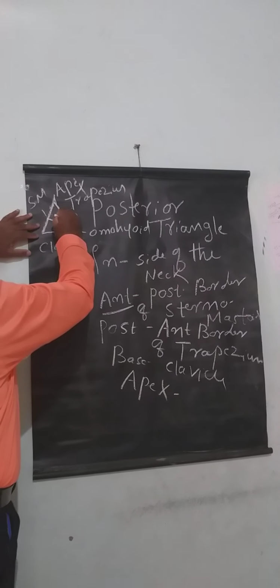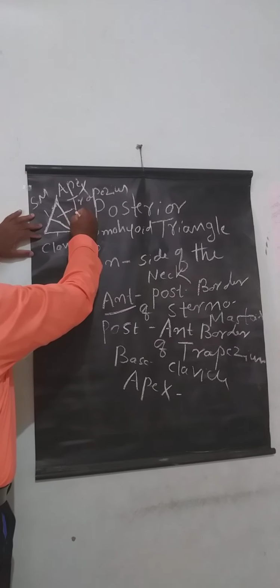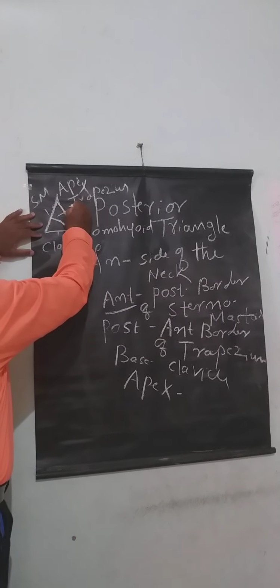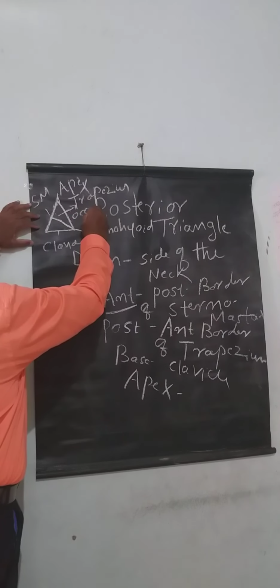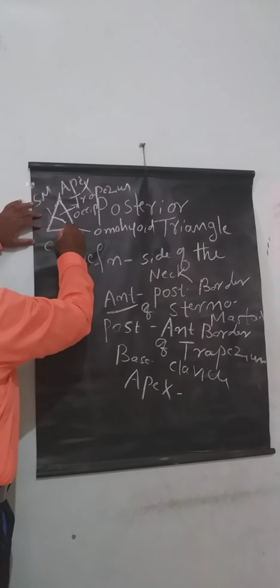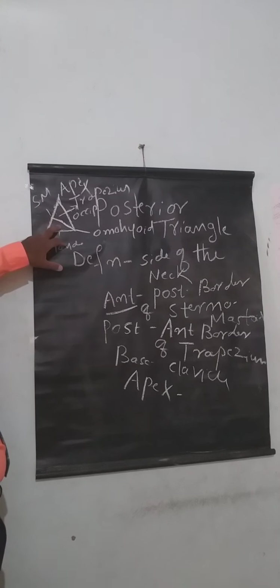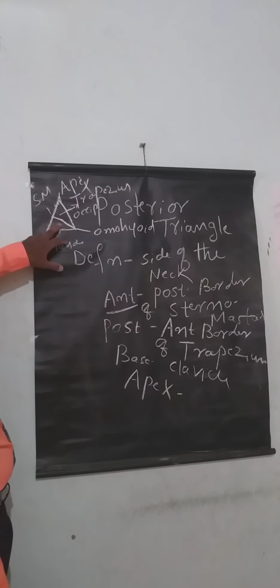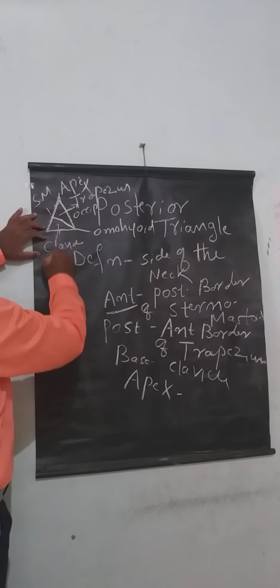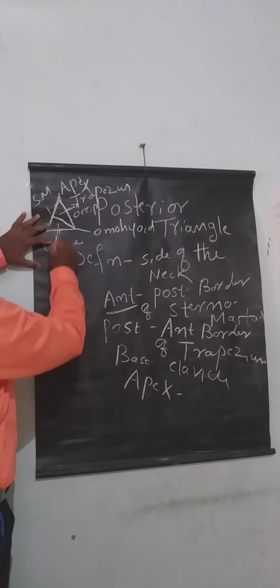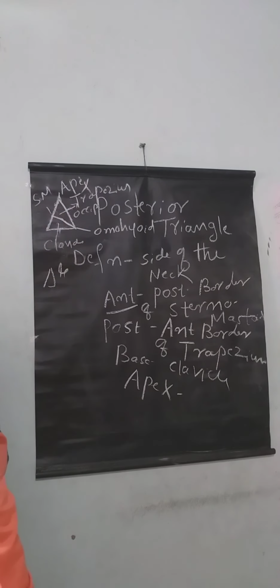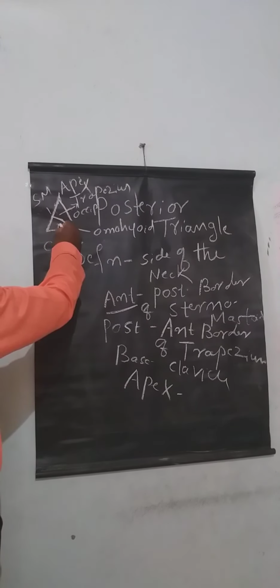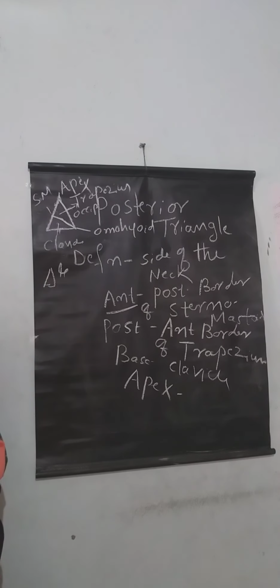The upper part is called the occipital triangle, and the lower part is called the supraclavicular or subclavian triangle. Two triangles are here: the upper triangle is the occipital triangle, and the lower triangle is the supraclavicular or subclavian triangle.